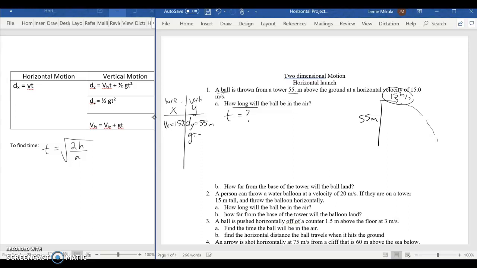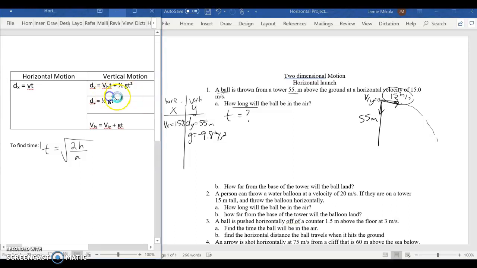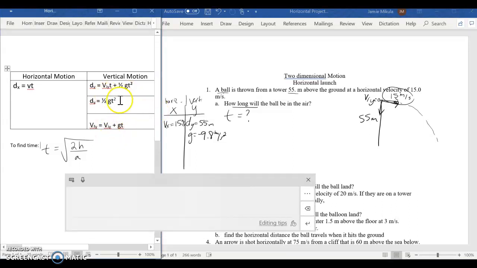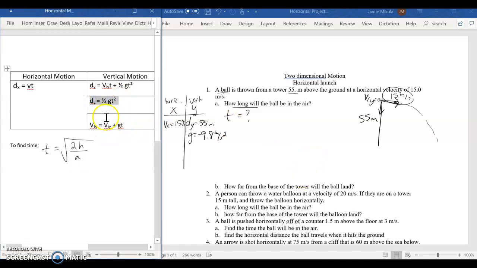I also have gravity always, negative 9.8 meters per second squared. And then I need to find time. If something is shot out horizontally like that, I'm going to say always that the viy is equal to 0. So I can use this formula right here to solve for time.